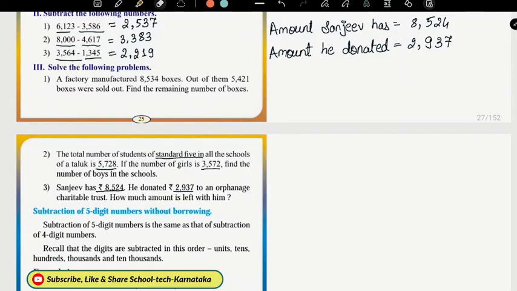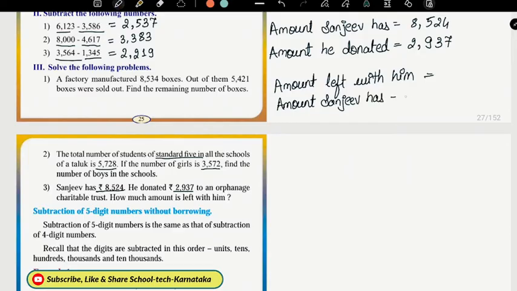So let's solve it. Amount left with him is equal to amount Sanjeev has minus amount he donated.